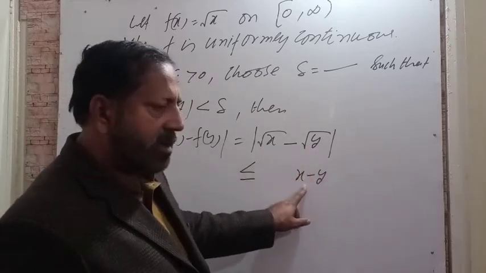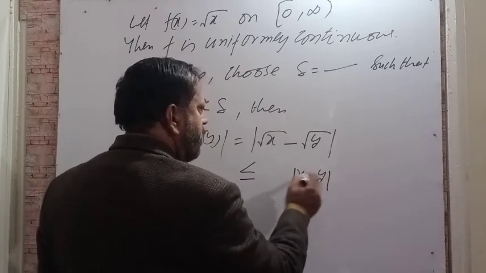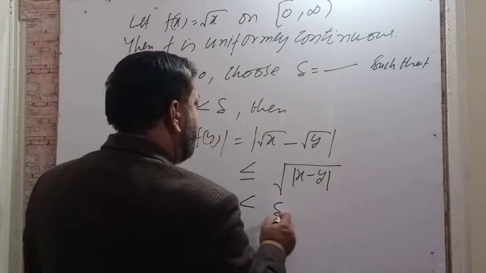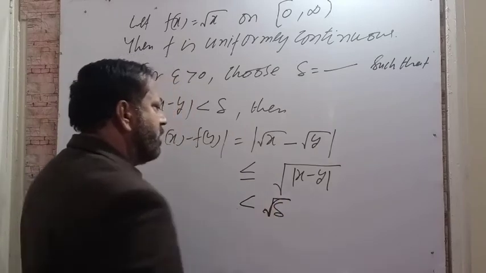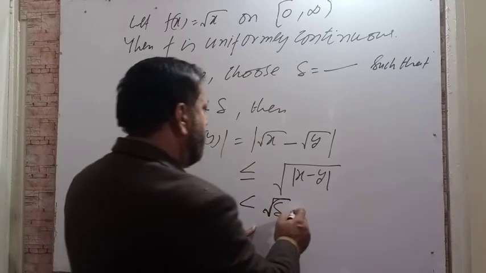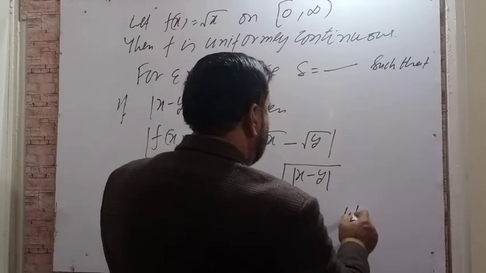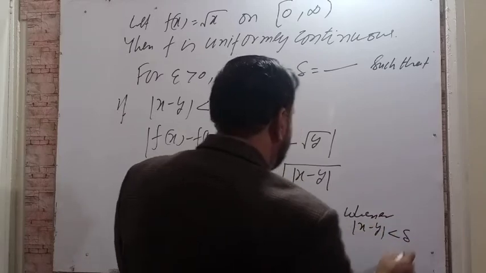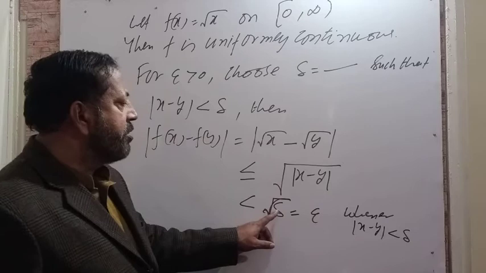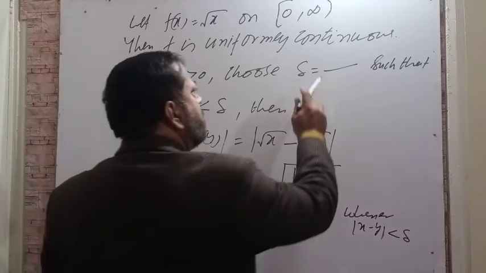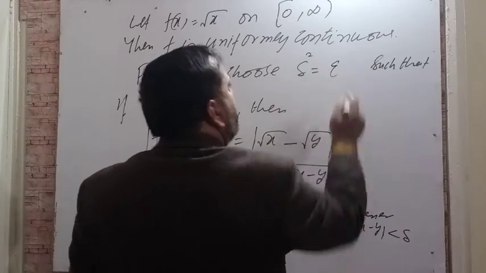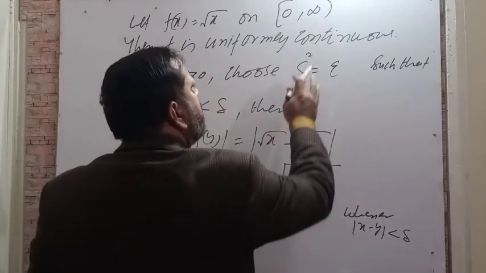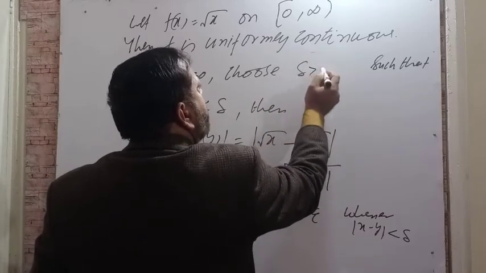So this is less than √delta. And if I set this equal to epsilon, what should I choose? I should choose delta positive with delta = epsilon².